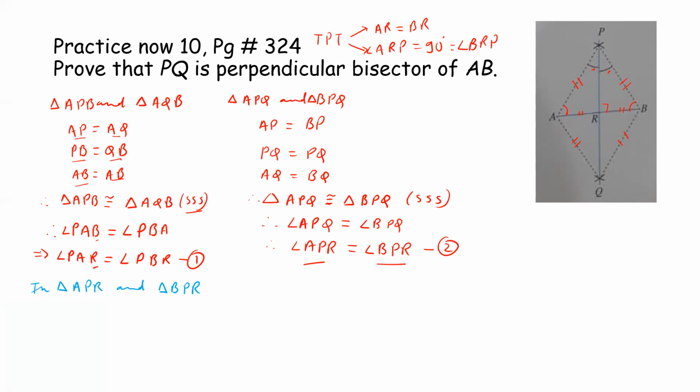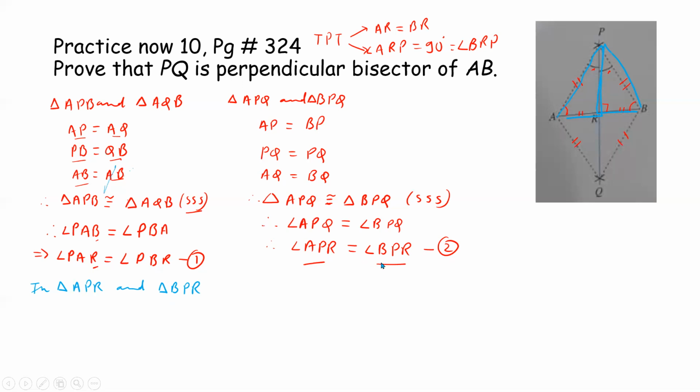When you look at triangle APR, which is this part, and BPR, which is this part, in those two triangles you can see that angle A is equal to angle B, that's from equation 1.